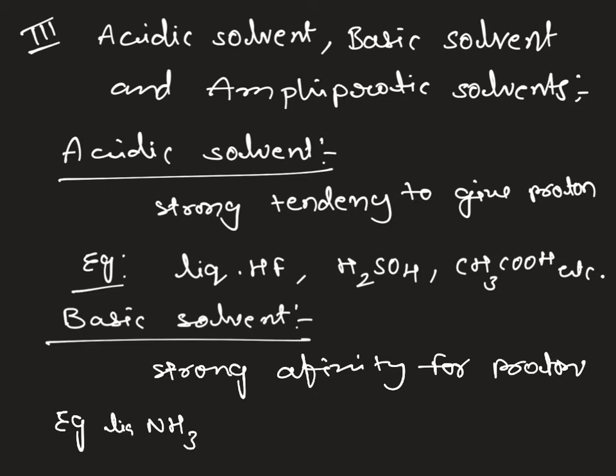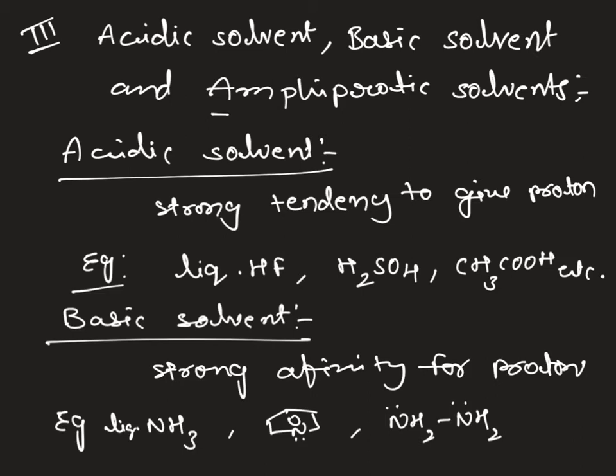Ammonia accepts a proton, so it is an example of a basic solvent. Similarly, pyridine is also basic and accepts protons, and hydrazine as well. An acidic solvent has a strong tendency to give a proton; a basic solvent has a strong affinity for protons.